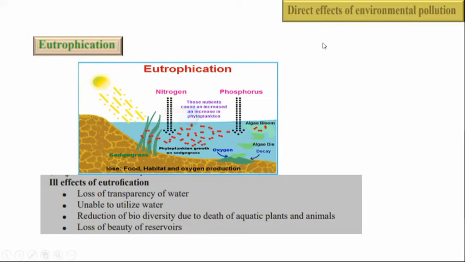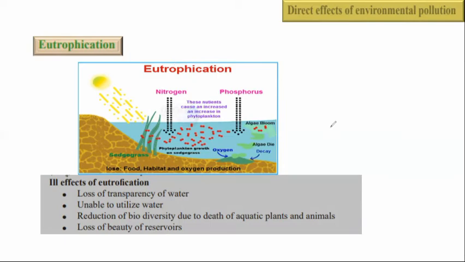What are the gases? They will release H2S and NH3 and also CH4. So these are the gases released during eutrophication by the anaerobic bacteria.